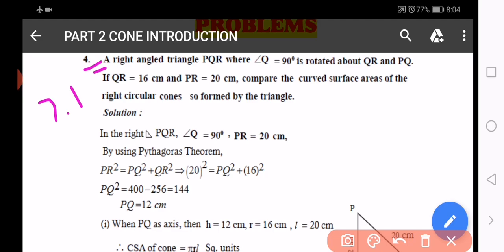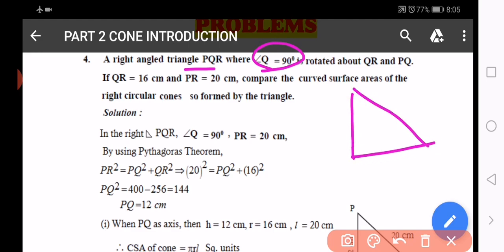So look at this sum. A right angled triangle PQR where angle Q is 90 degree. So PQR is a right angle triangle, that is Q is 90 degree.